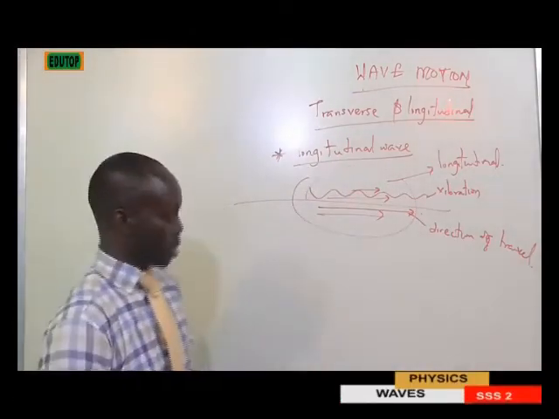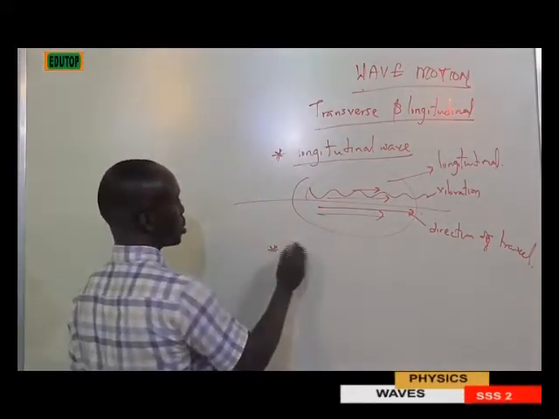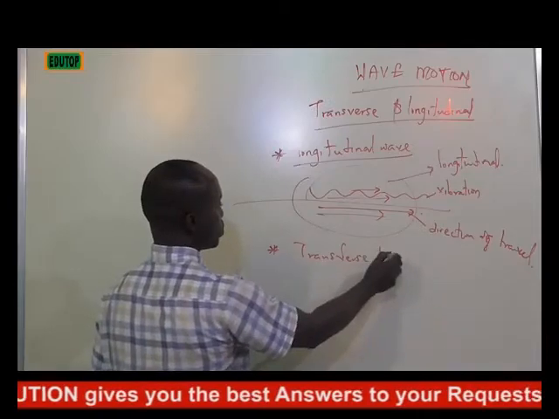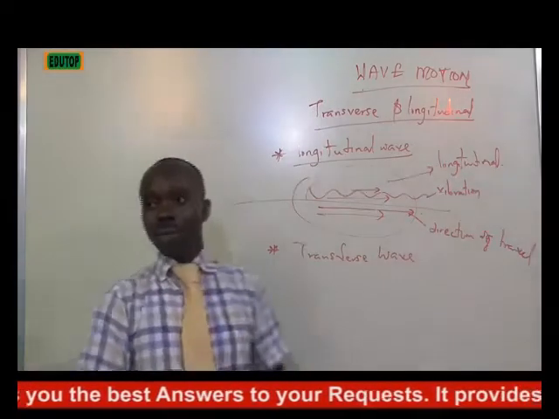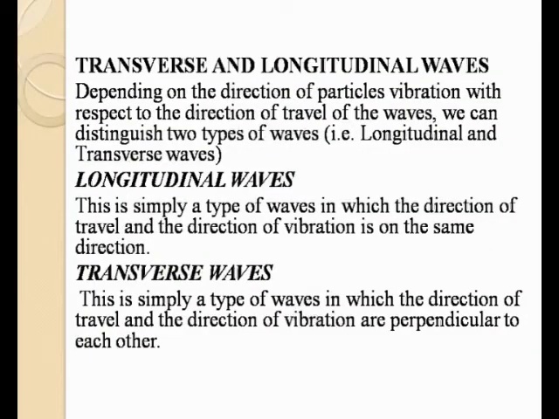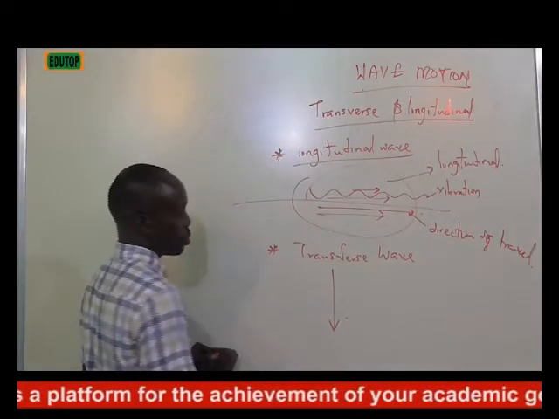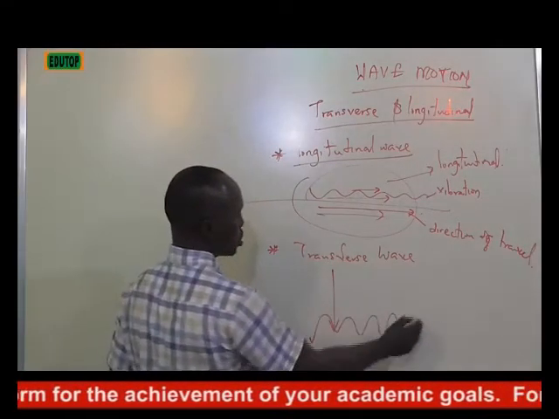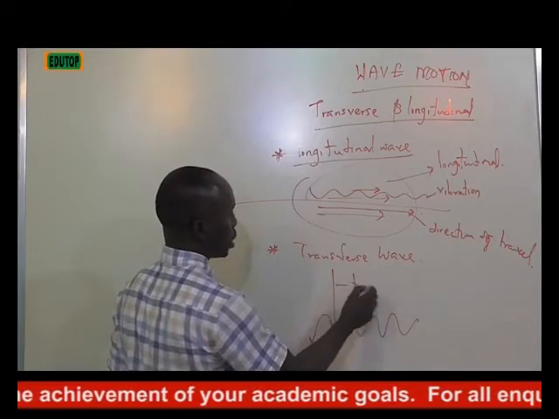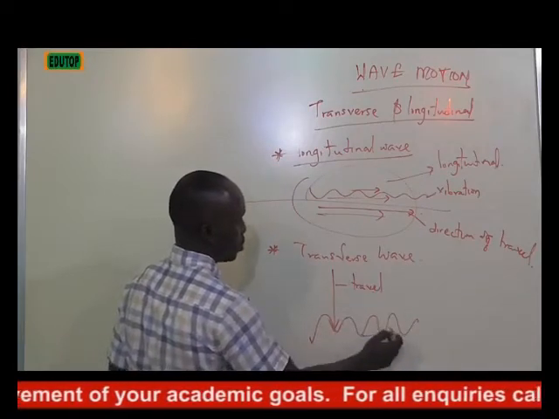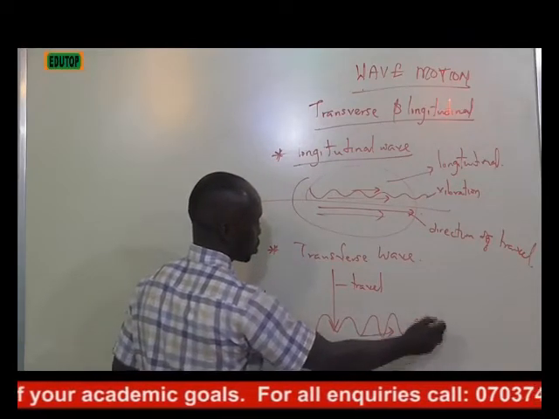But for your transverse wave, what do you mean by that? It is simply a type of wave in which the direction of travel and the direction of vibration are perpendicular to each other. That is, the travel is towards this way, the vibration is towards this way. Are you getting it?